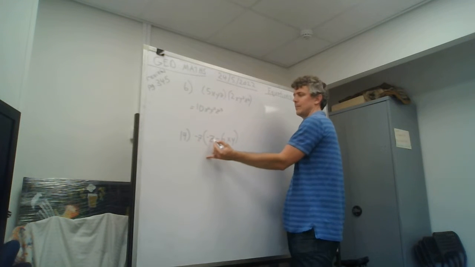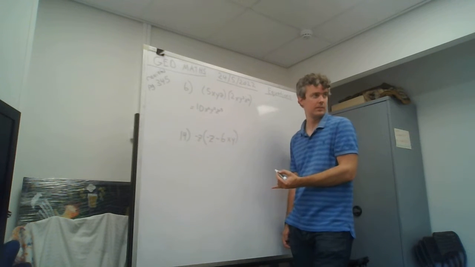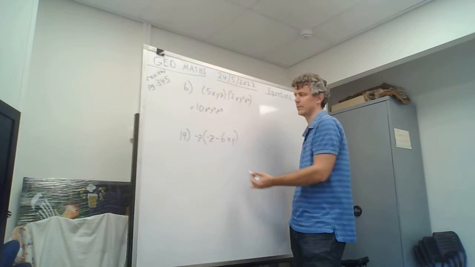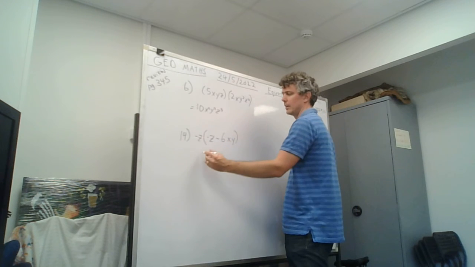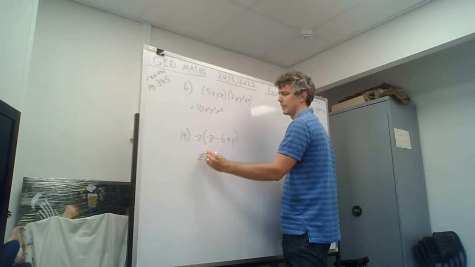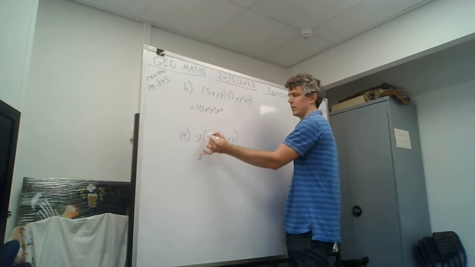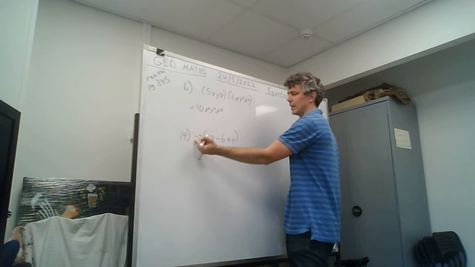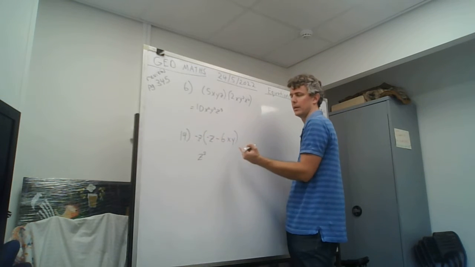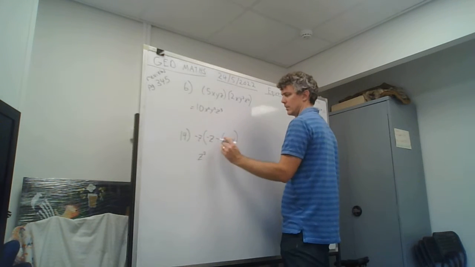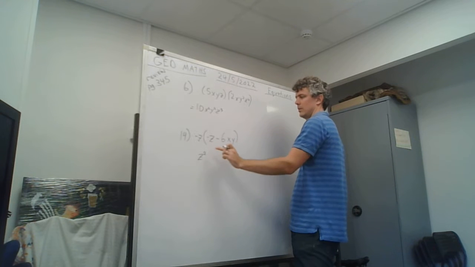So negative z times negative z is what? Positive z squared, that's right. Negative times negative, they cancel each other out, or it flips signs twice. So it's even, so z squared. There's 2 z's, there's a 1 here and a 1 here, so we add them. And then we do again, negative z times negative 6xy. Plus 6xyz, that's right.